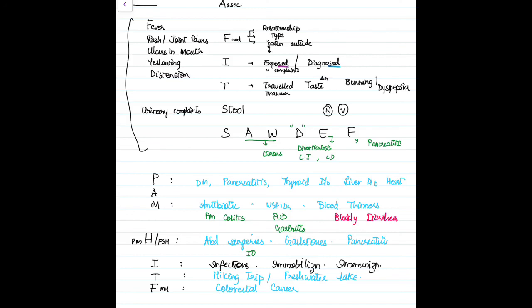And then you have the S's, which are very important, like I said, social history, substance, everything is important. Smoking, alcohol for pancreatitis, and then you have any other substance abuse. It can be opioids for constipation.